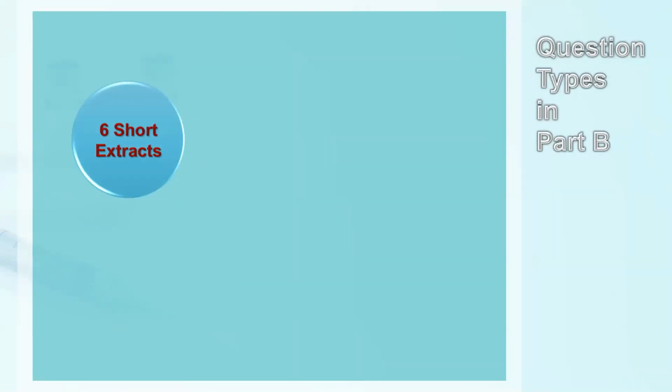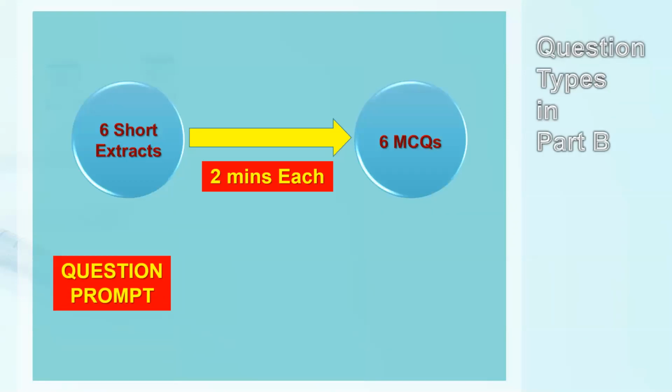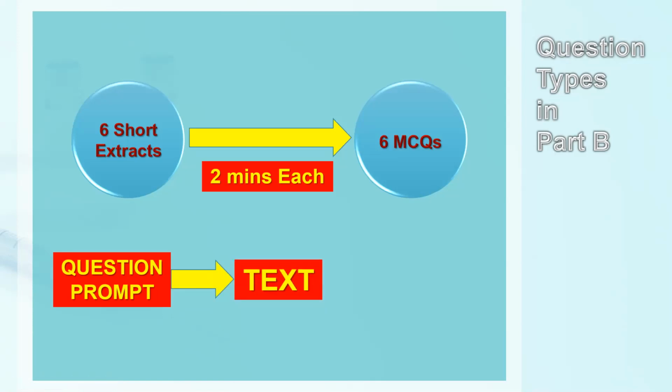Question types in part B, we have 6 short extracts for 6 MCQs. And you have to finish each text within 2 minutes only. At the start, read the question prompt, then read the text, then detect the correct answer.